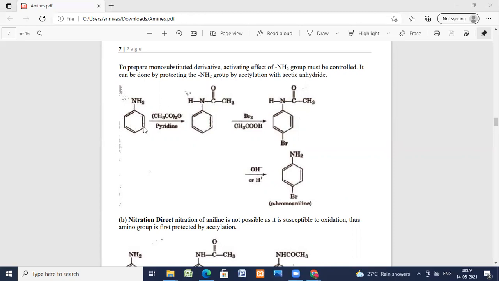Now we'll see the reaction. Just have a look at the reaction. Coming to the reaction, aniline on reaction with acetic anhydride in presence of pyridine gives COCH3 substitution at NH.